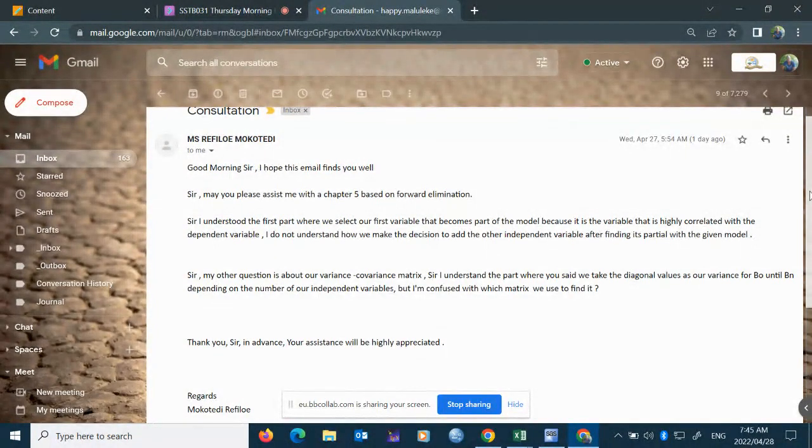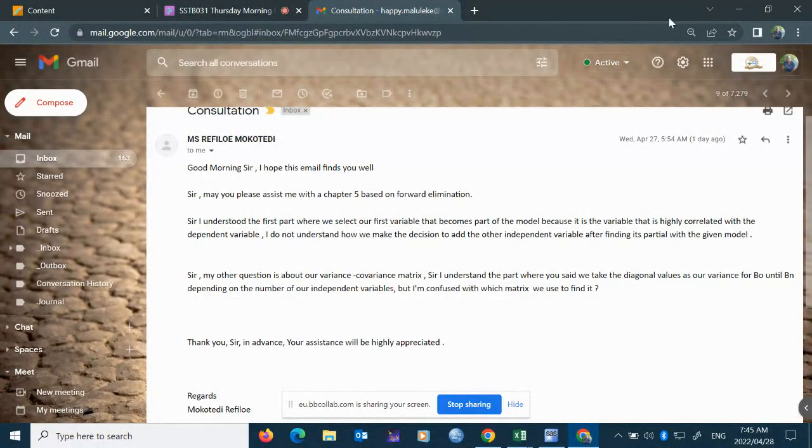My other question is about the variance covariance matrix. I understand the part where you said we take the diagonal values as our variances for beta 0 until beta n, depending on the number of our independent variables. But I'm confused with the matrix we used to find it.